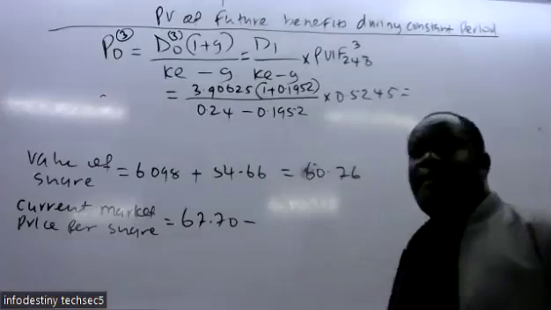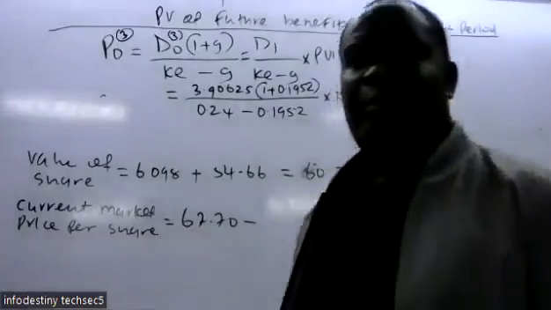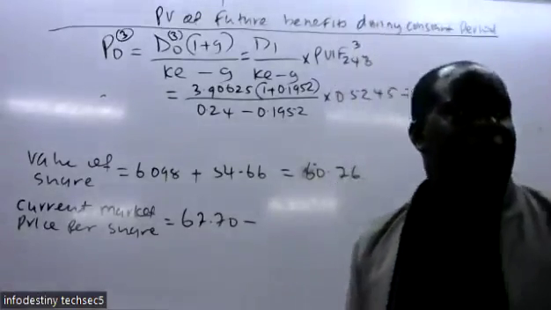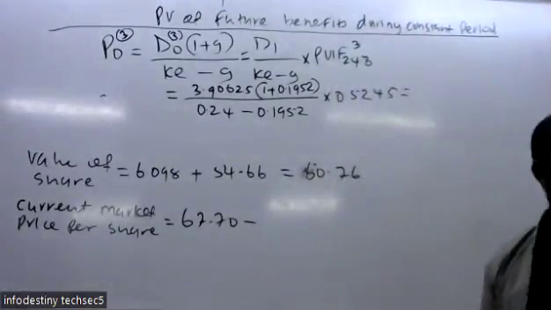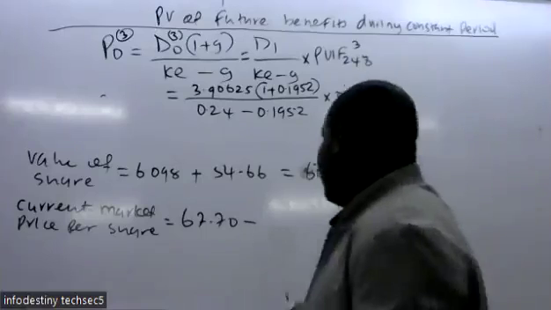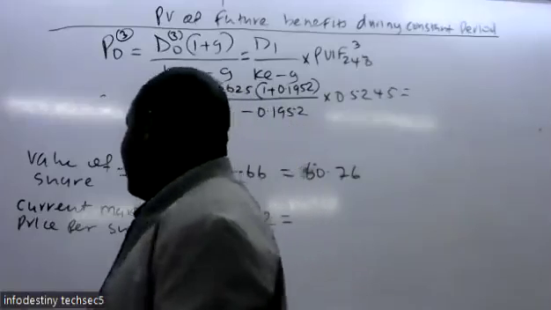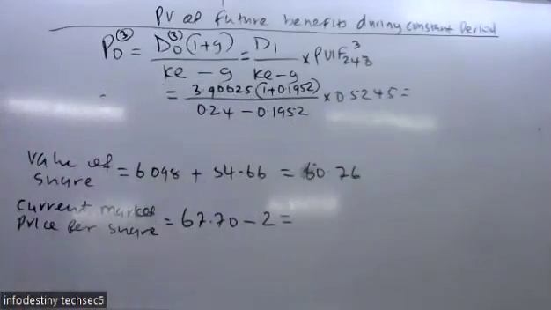So you calculated the dividend per share in the year 2017. You remember the dividend per share in the year 2017? It was how much? So you subtract it so that we get the current market price, which is ex dividend. Cum dividend means it has included the dividend. We always use the ex dividend.